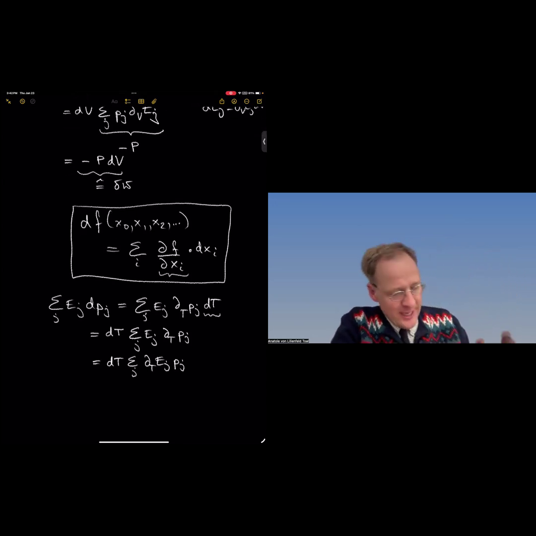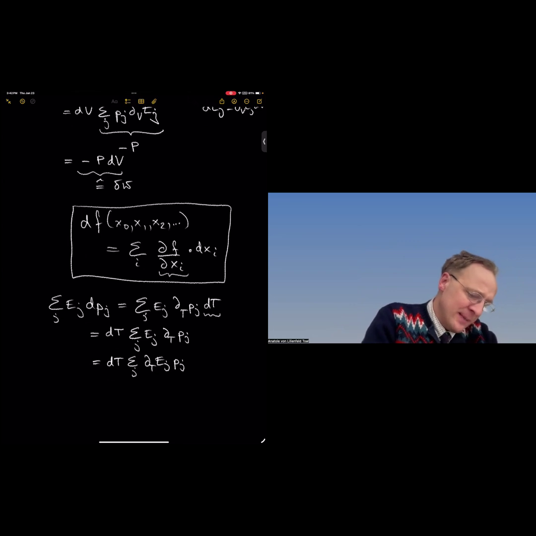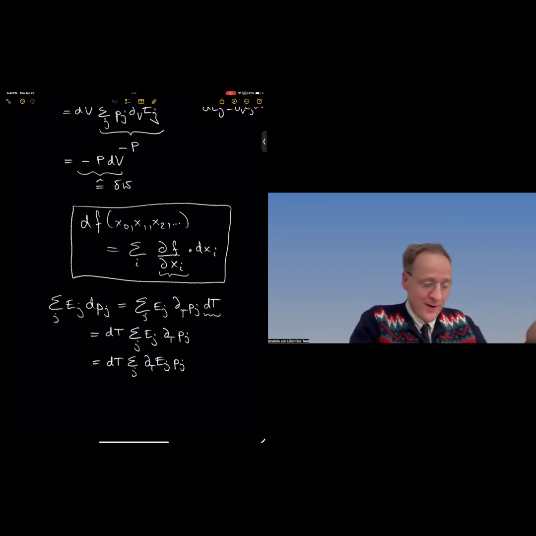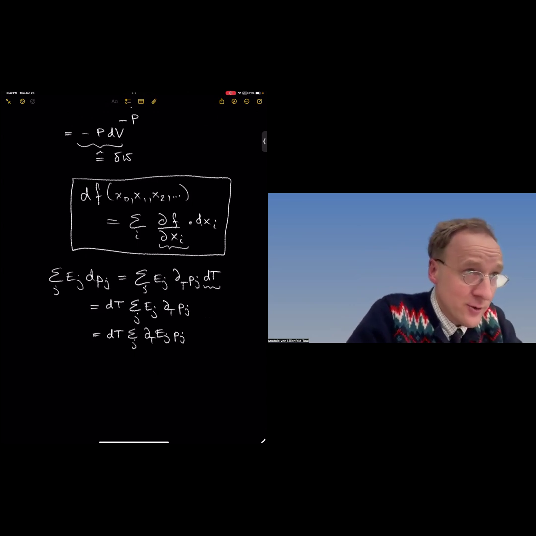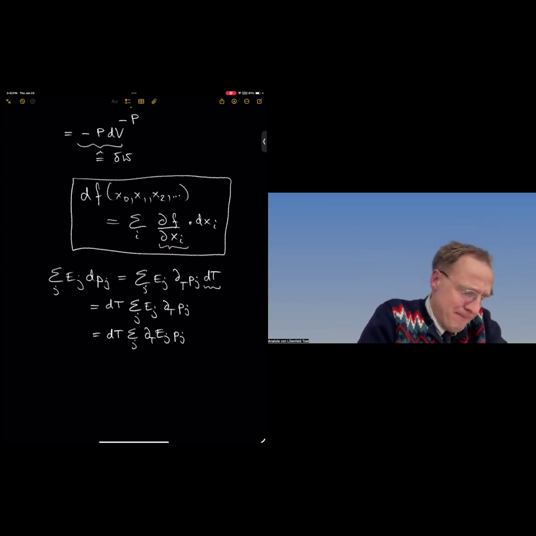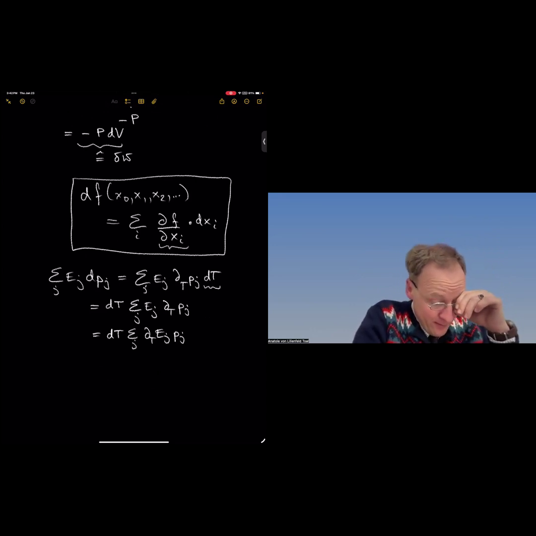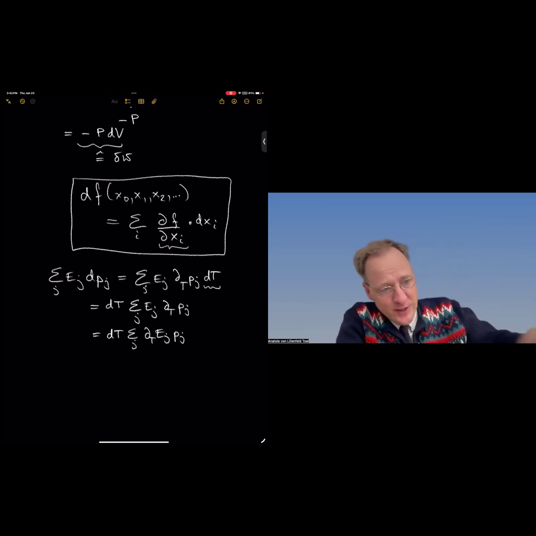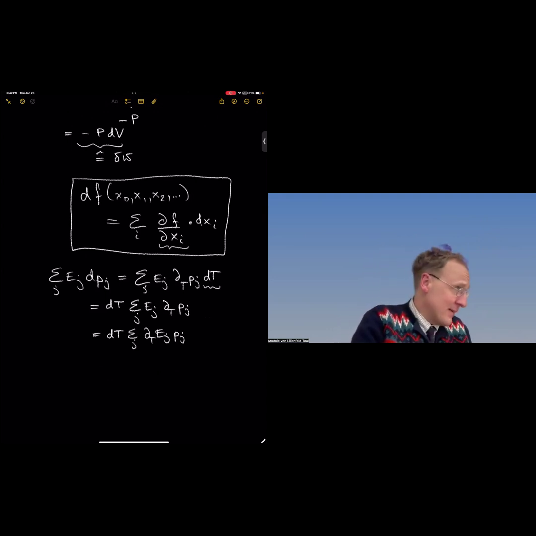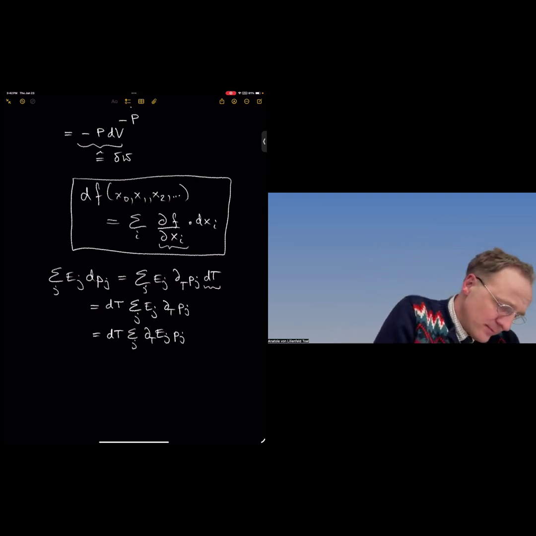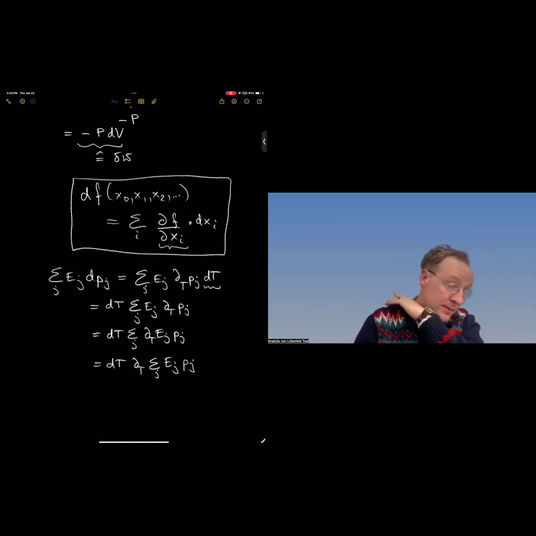So now I'm differentiating everything to the right, but since Ej is not a function of the temperature, I don't need to apply the product rule. Now you see that the variable with respect to which I'm differentiating is independent of j as well. So I can pull it in front of the sum. Okay.